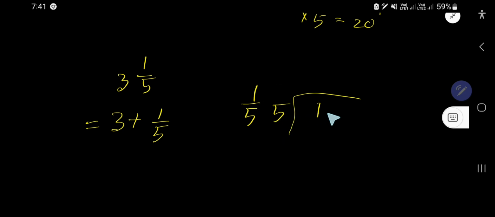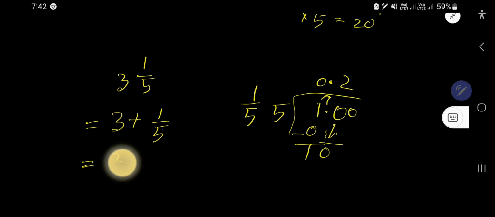1 is less than 5, so you can rewrite this 1. 5 goes into 1 0 times. 0 times 5, 0. If you subtract, then 1, bring down the first 0. So you are getting 10. But here is a decimal point, so the decimal point will go directly to the quotient. 5 goes into 10 2 times.